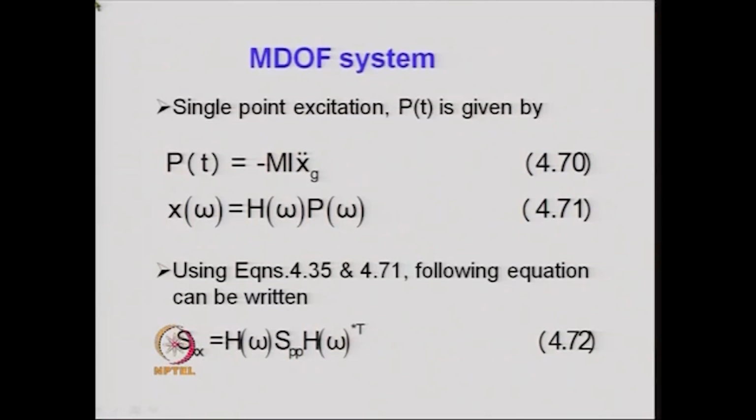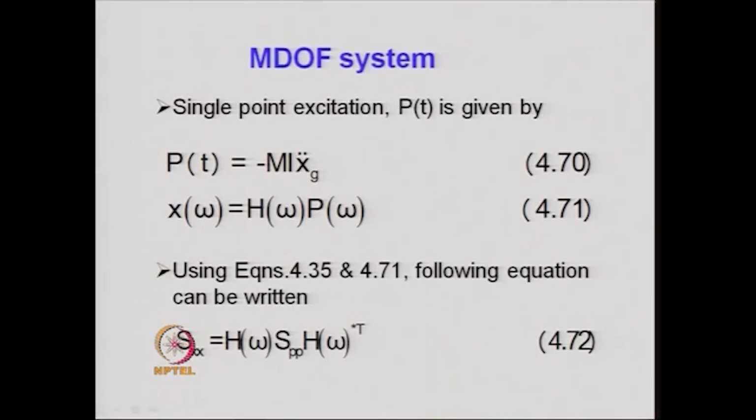So with these few things that we described in the previous lecture, we come to the response of a multi-degree of freedom system excited by a force vector Pt. Now for single point excitation, we know that the force vector Pt is equal to minus m into I into x double dot g, where I is an influence coefficient vector consisting of 1 1 1 or 1 0 1 0 1 0 and so on, that you have seen in the case of the deterministic analysis.